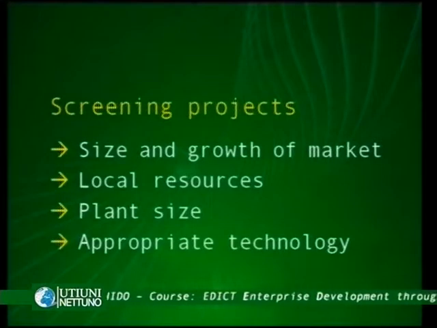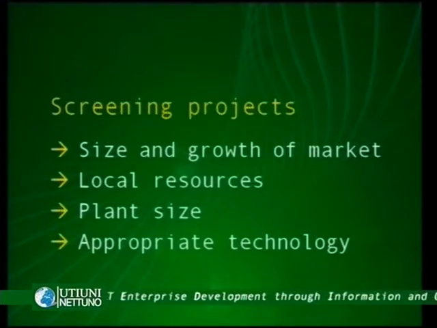And then we have to screen in a very careful way the appropriate technology, both considering the present state of the art and considering the future trends of technology. The future trends of technology are pretty significant because technology requires maintenance, and maintenance is very costly for whatever organization.